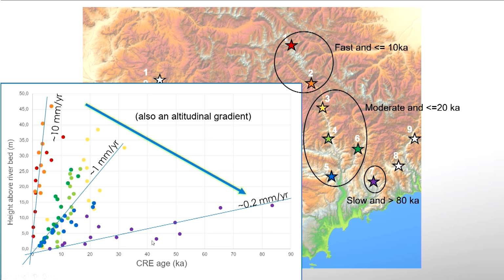Points are very scattered, but we can draw a line along an incision rate which is less than 1 millimeter per year, 0.2, and which is closer to the uplift rates that we can assume from GNSS data.